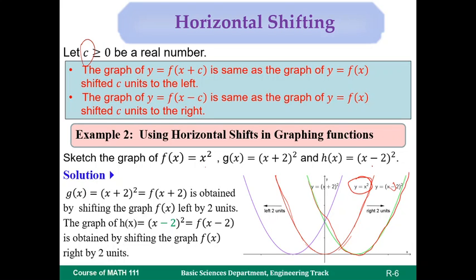X minus, so minus will shift it to the right, and plus will shift it to the left, 2 units to the left, so you will get this one. So this is the graph of g, and this is the graph of h.